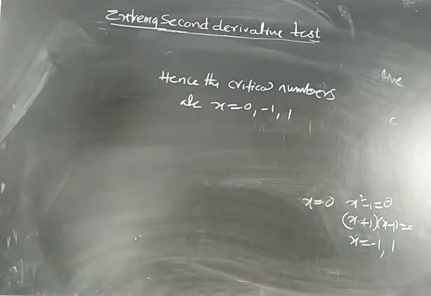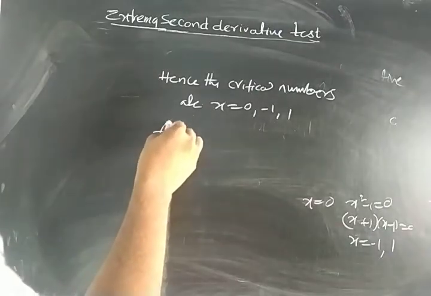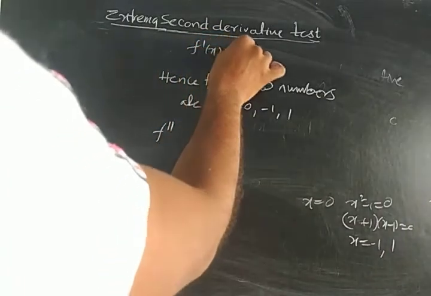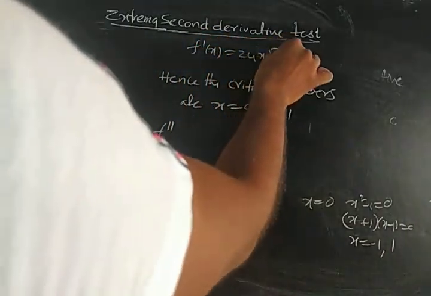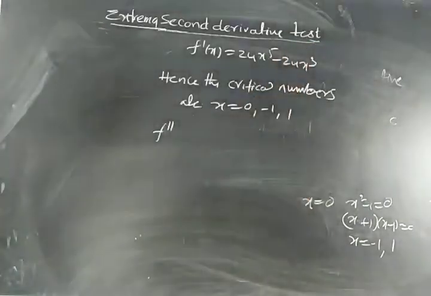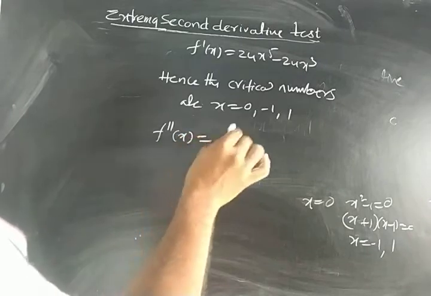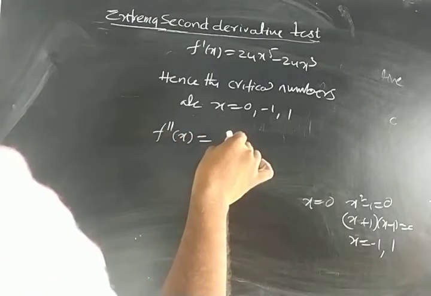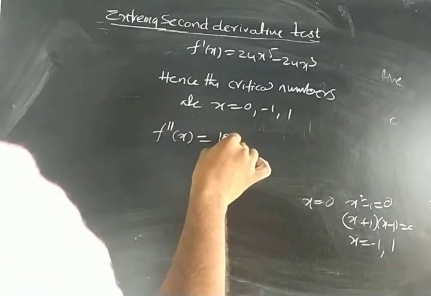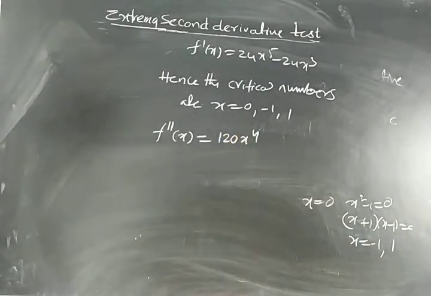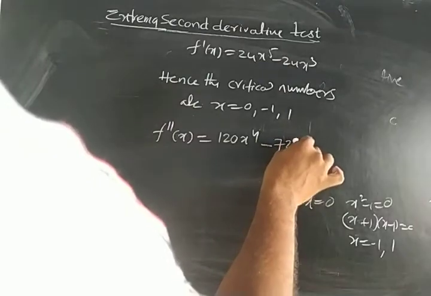Now I will find the second derivative. We got f dash of x equal to 24 x power 5 minus 24 x cube as the first derivative. The second derivative f double dash of x is 120 x power 4 minus 72 x square.